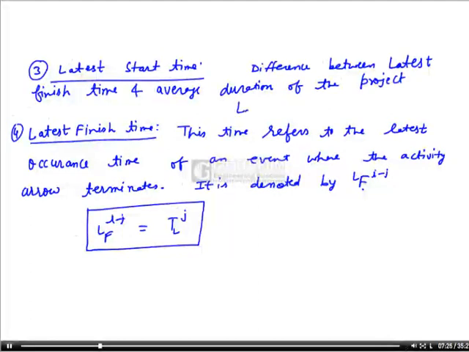So this is latest start time I to j. This will be latest finish time minus average duration of the project. So in this way we have estimated all 4 time estimates, and based on this the analysis is done.